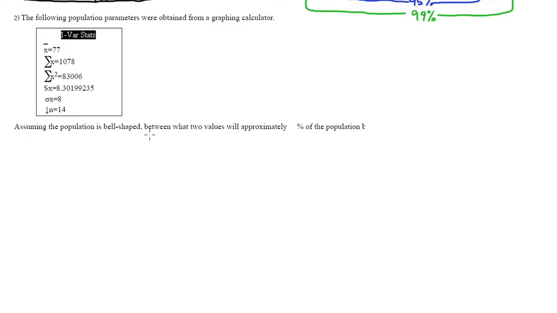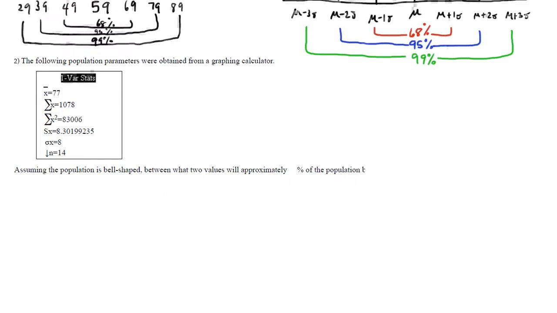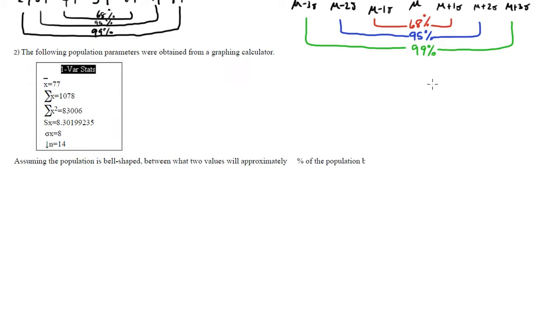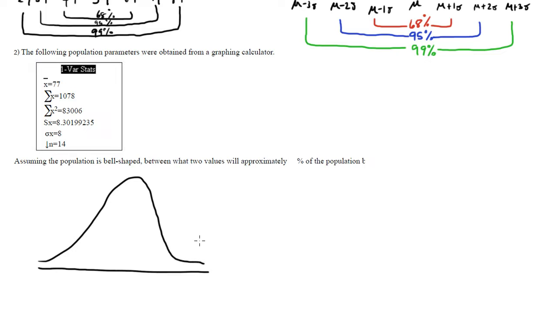Assuming the population is bell-shaped, again, normal distribution, between what two values will approximately some percent of the population lie? They'd give a number here, possibly one of these values, 68, 95, 99. But you know how to construct that already. You can do this without constructing this distribution, but where's the fun in that?